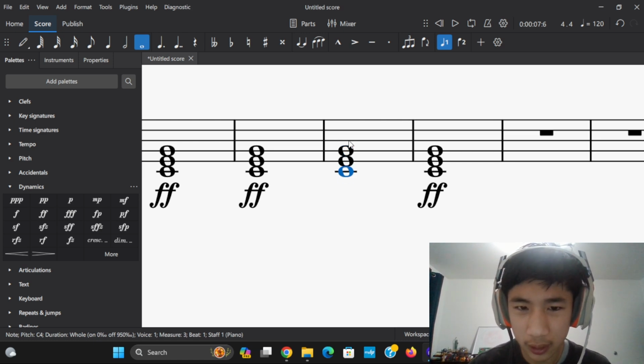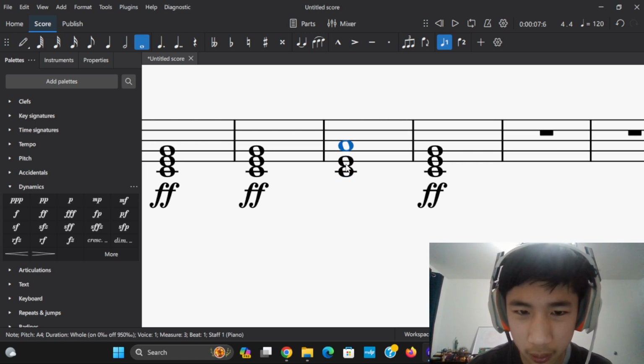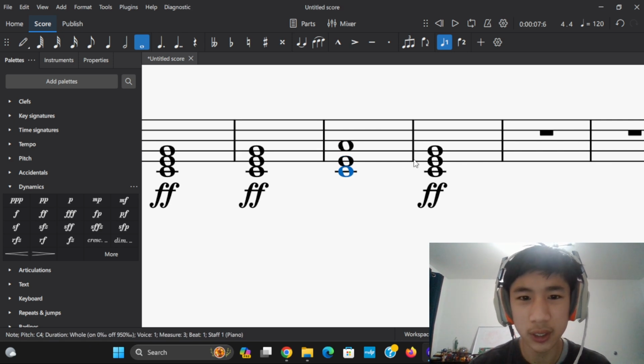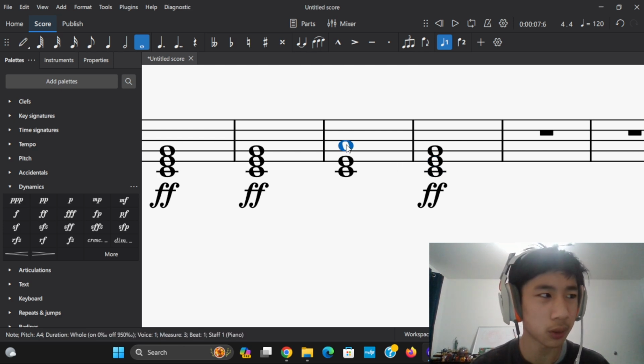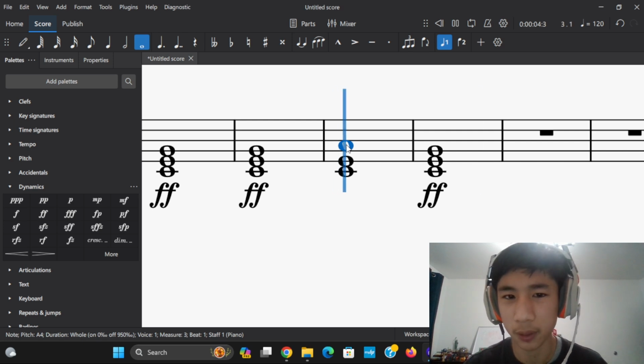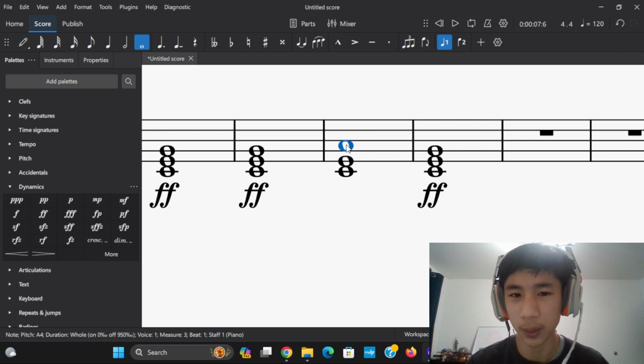Now another one is using your A minor chord, which also has root function because you have C, E. And this one's more of your emotional chord. It's one of the most common minor chords, probably up there with the 2 minor, as in D minor in this case. They're very popular.